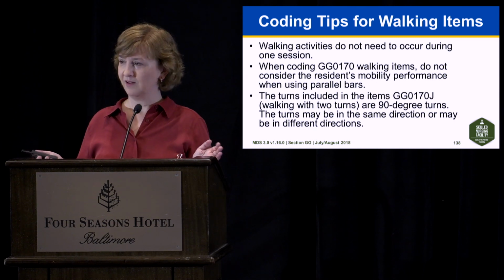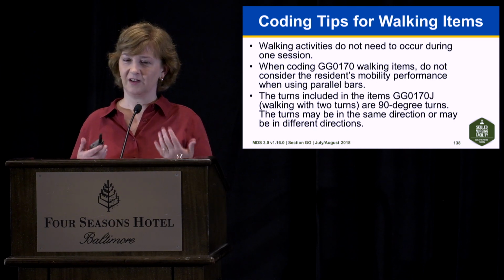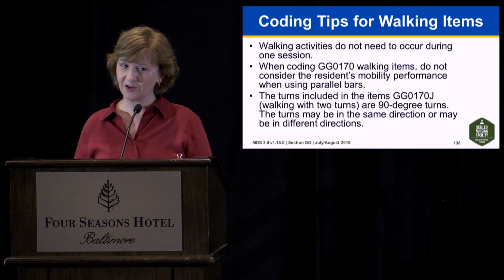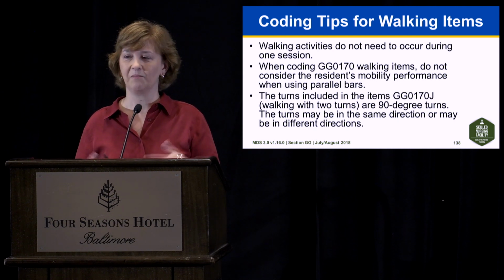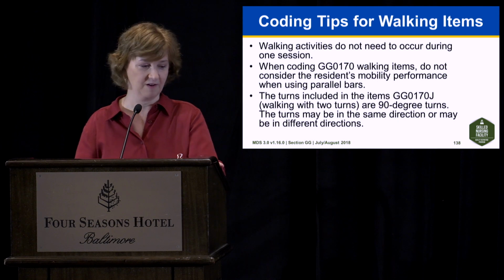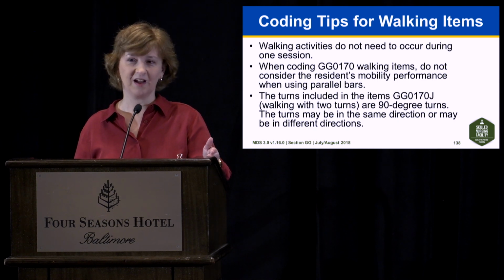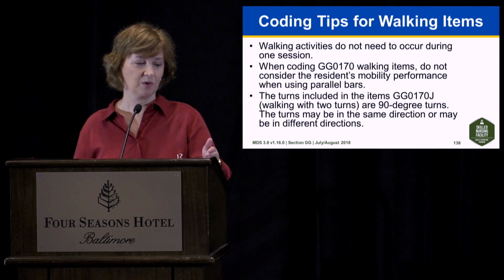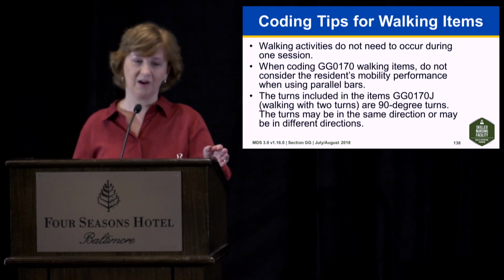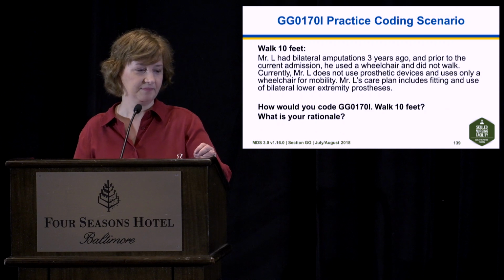So we definitely want to be sure that that's being assessed in terms of making turns, but we don't make restrictions on which way the turns are. So again, 2 90-degree turns for the walking item and the wheelchair item, and the turns may be in the same direction or in different directions.